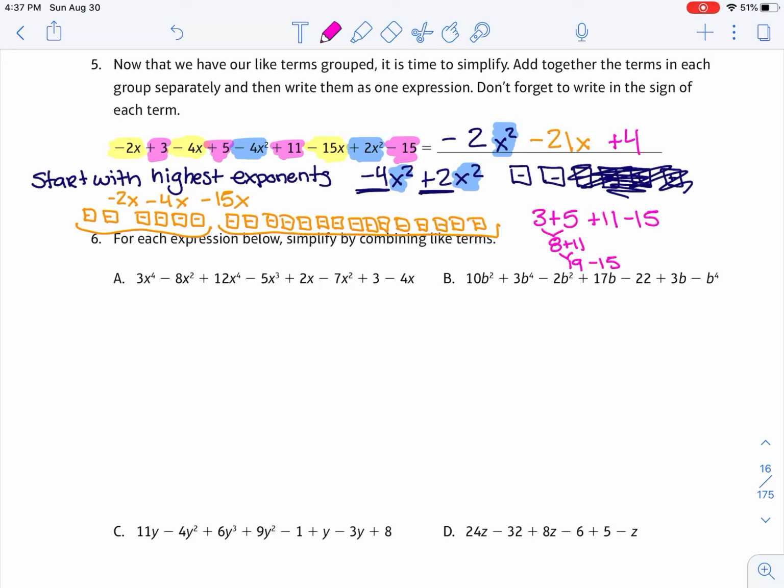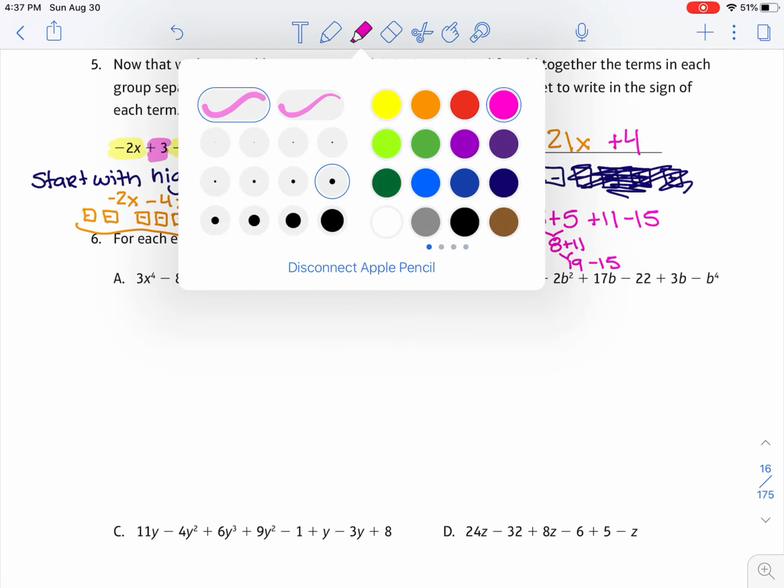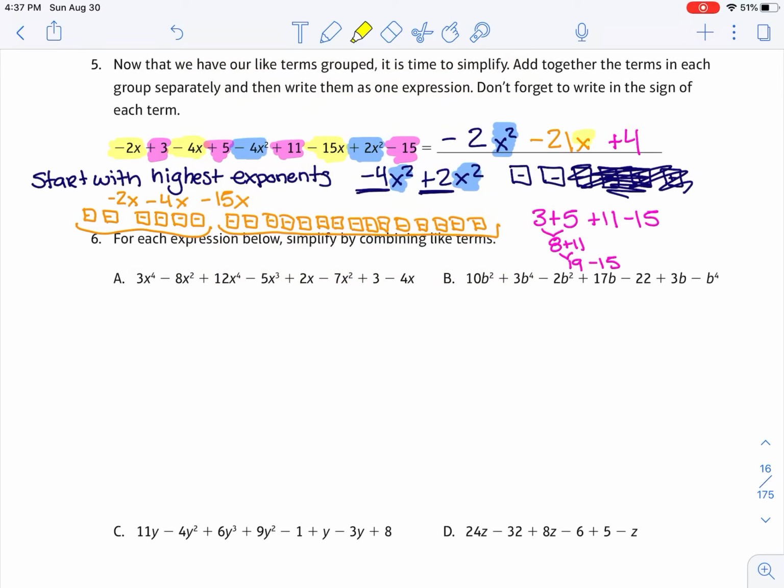Notice that I do have to write that plus sign. Notice that when I added together on my x's, my x stayed. Notice that on normal numbers, it stays normal numbers. We don't add an x just because it stays normal numbers.